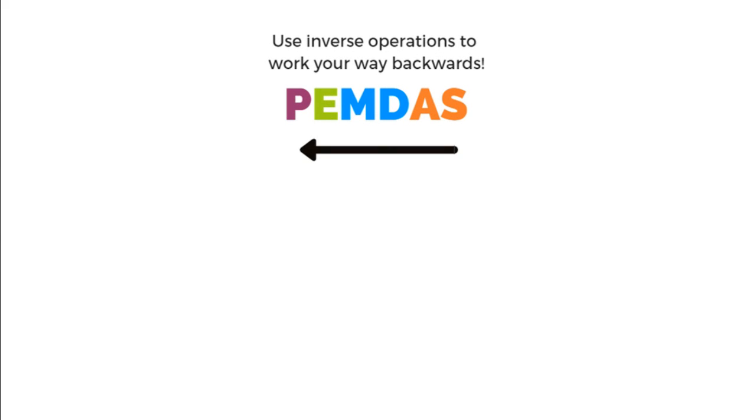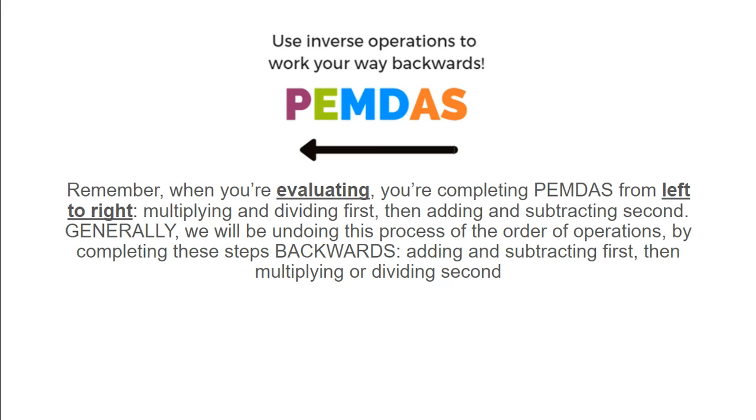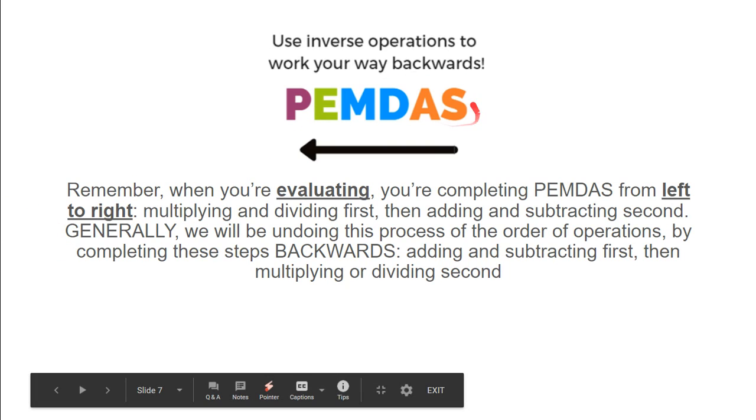Now, with inverse operations, if you work your way backwards, that's the way that we're going to be solving for our missing variables here. So remember, when you're evaluating, you're completing PEMDAS from left to right, which is multiplying and dividing first, and then adding and subtracting second. But when we are solving equations, we're going to be doing this process backwards. So we're generally going to be adding and subtracting first, and then multiplying and dividing second.